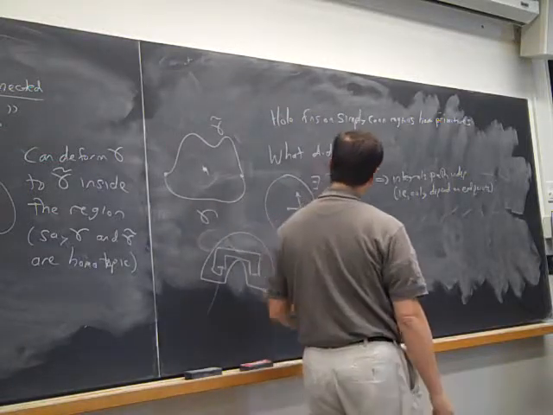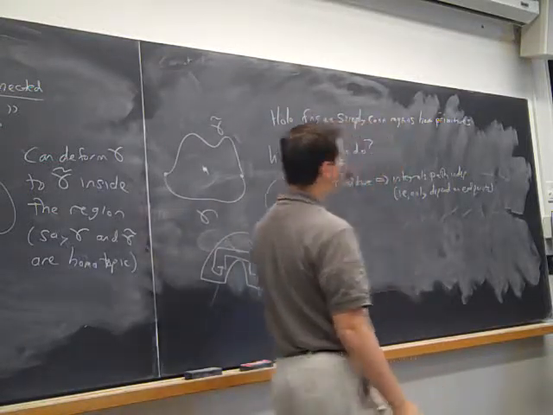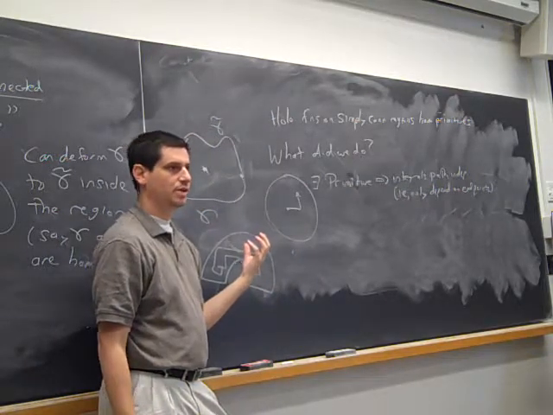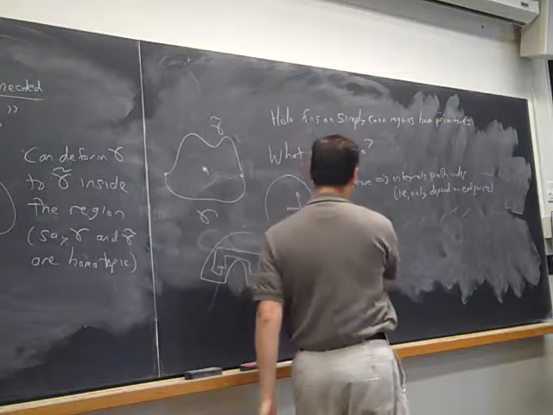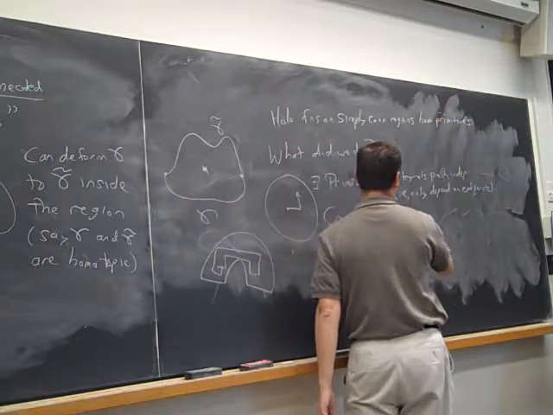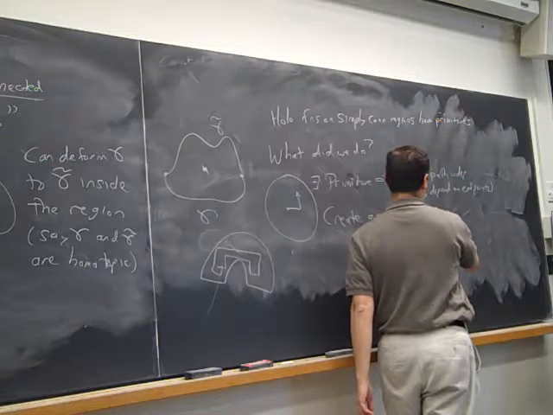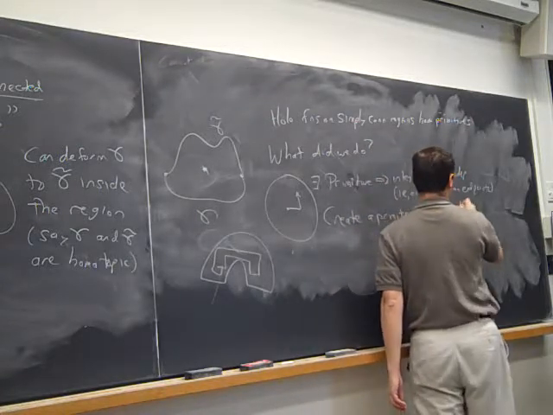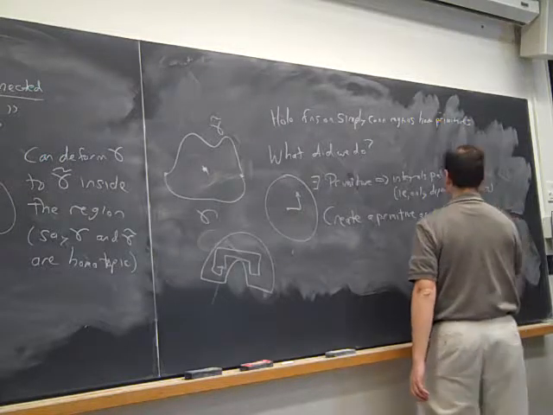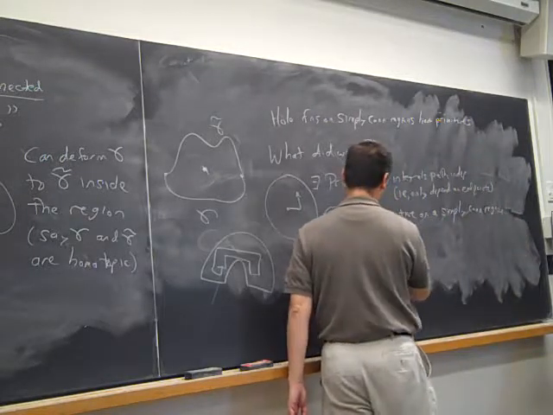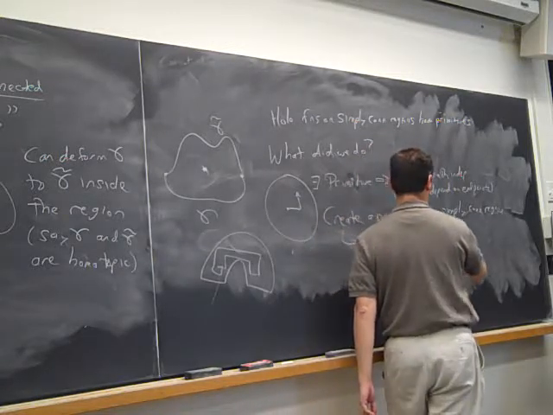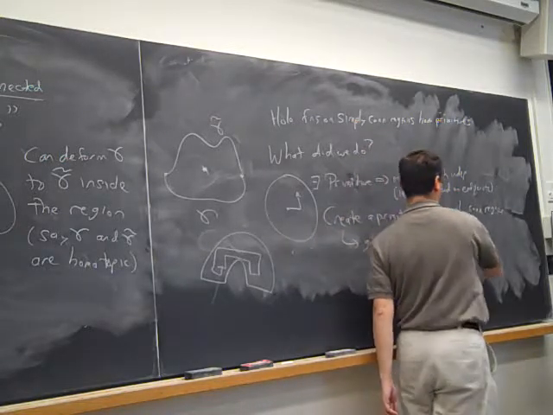So what we want to do is show that if I have a simply connected region, I can create a primitive. And so the idea is to create a primitive on a simply connected region, going from local to global. Okay.